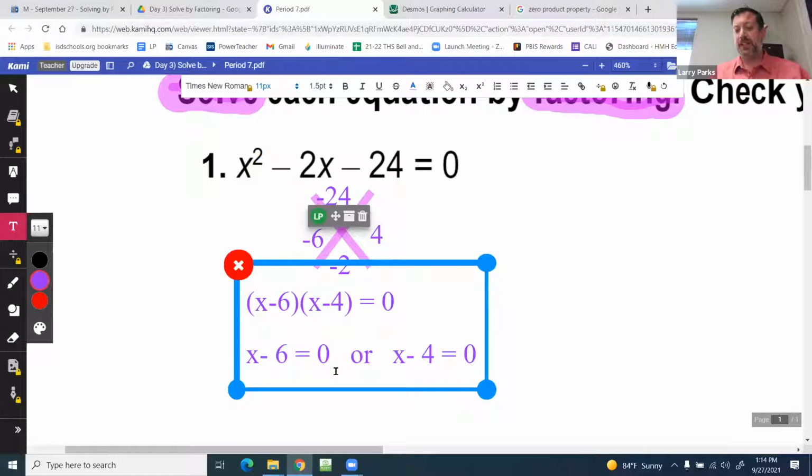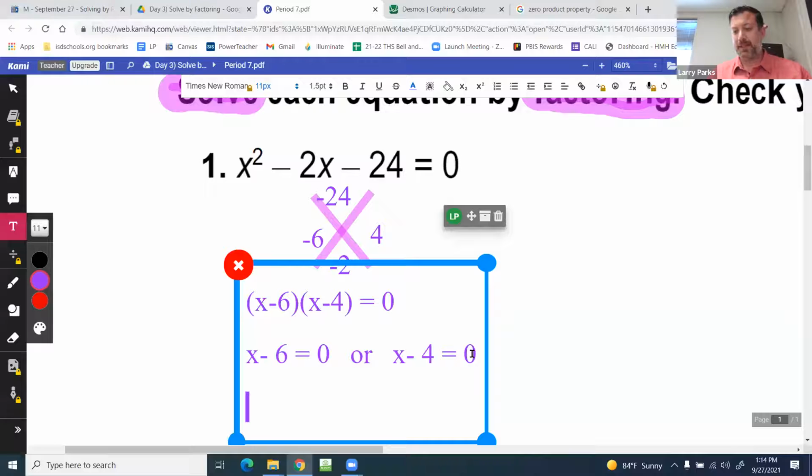And those become very easy to solve because what number minus 6 is 0? That'd be 6. What number minus 4 is 0? That'd be 4. So I just found that the 2 possible values that make this 0 is 6 and 4.